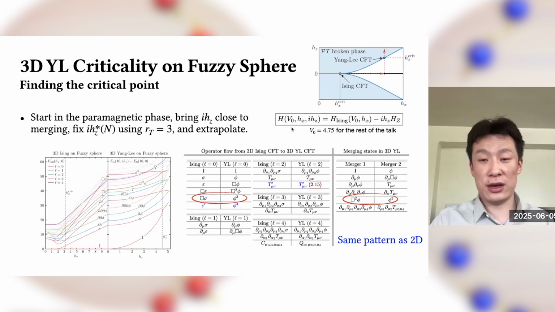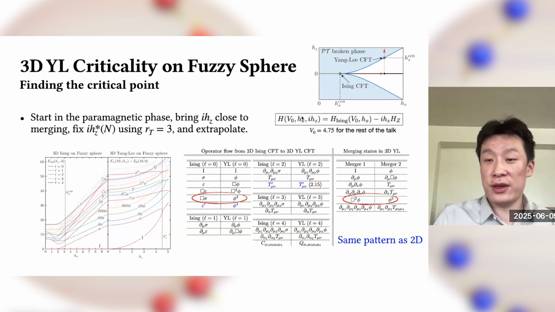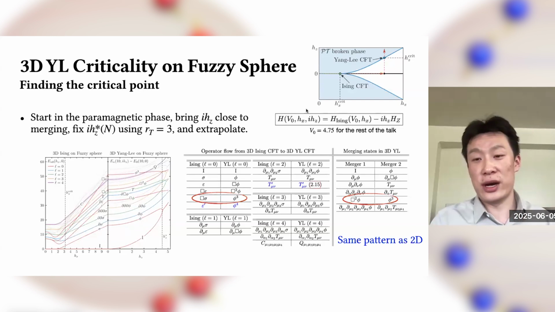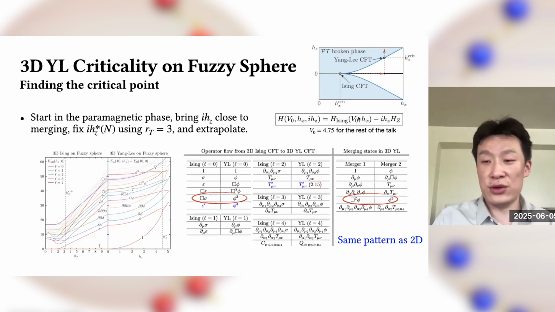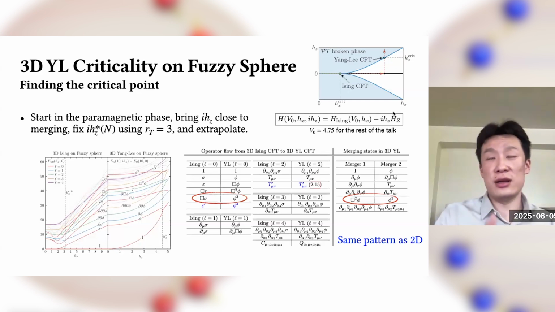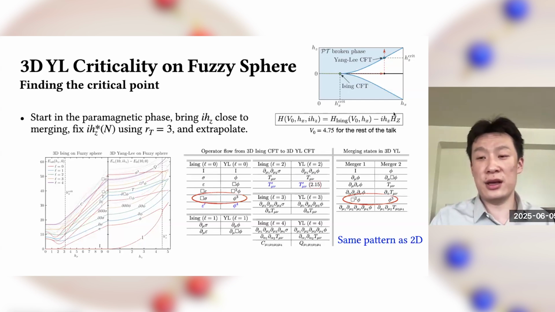First, let's see the phase diagram, which is pretty much the same. The Hamiltonian is introduced by Yuan. We have the fuzzy sphere Ising Hamiltonian plus a z density term in the fuzzy sphere.